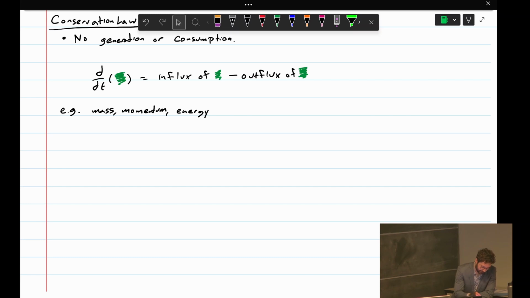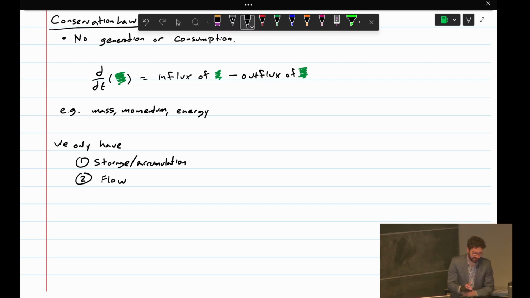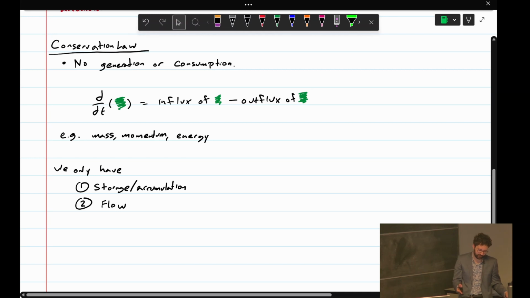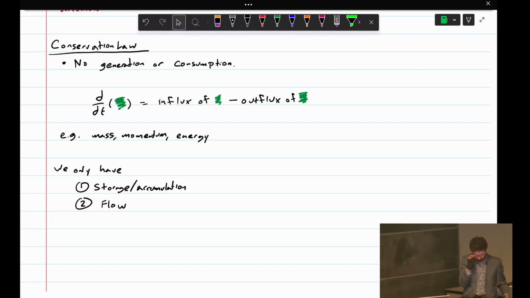We only have storage or accumulation and flow. So the right-hand side of our conservation law is flow. The left-hand side is storage or accumulation.